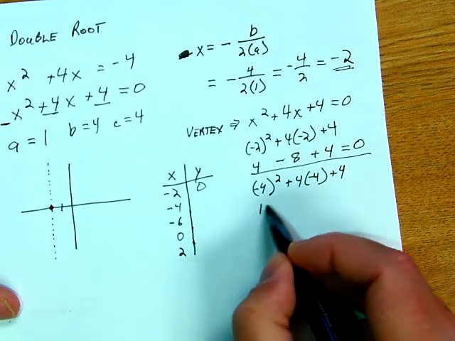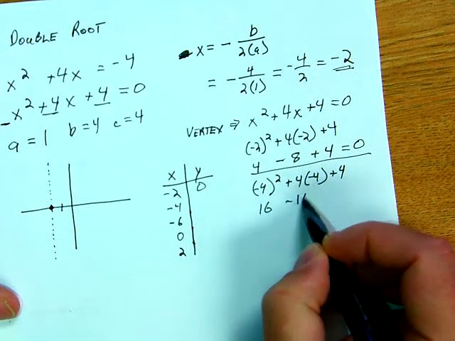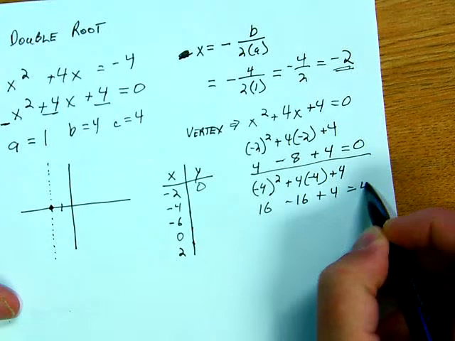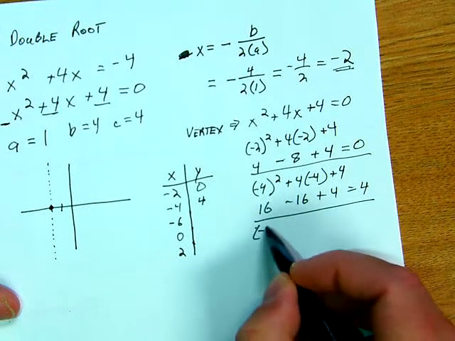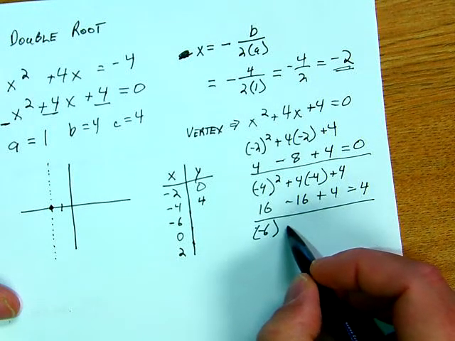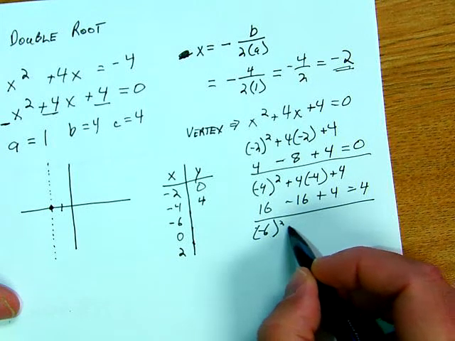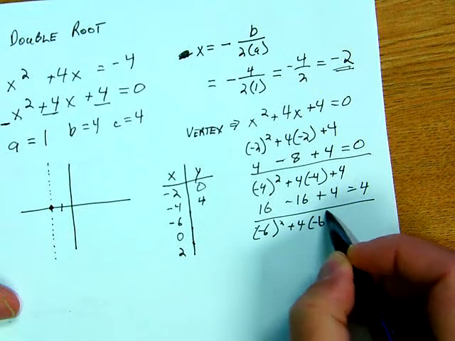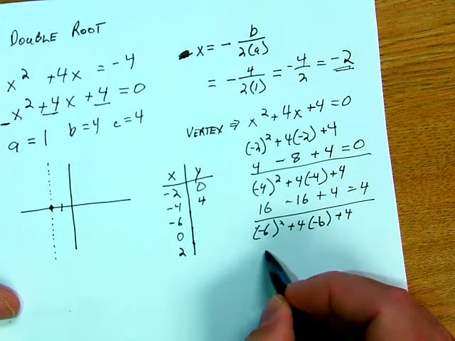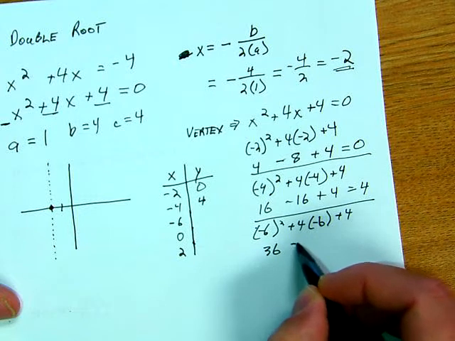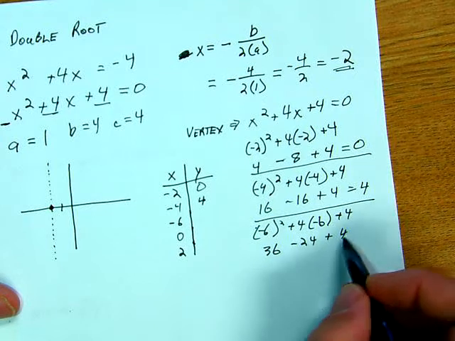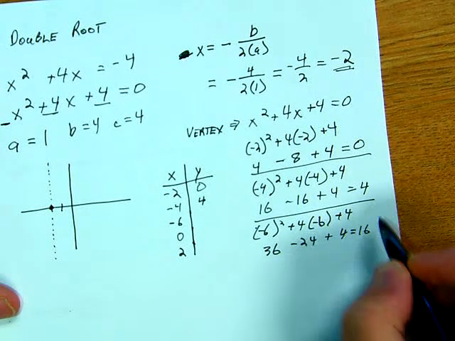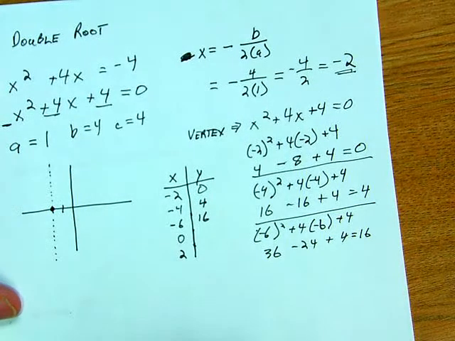We get 16 minus 16 plus 4 equals 4. So that guy's 4. If we then do -6, we get -6 squared plus 4 times -6 plus 4. And we get 36 minus 24 plus 4. 36 minus 24 is 12, plus 4 is 16. So we get 16 here.